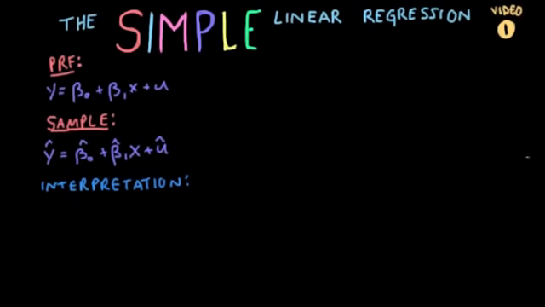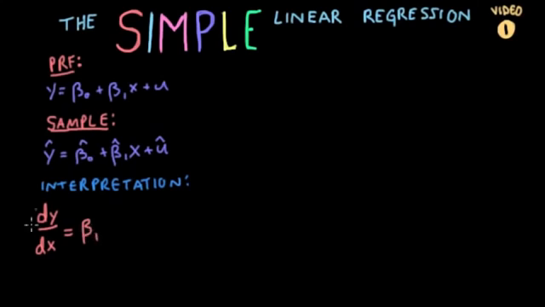For our beta 1, it's slightly harder to interpret, but it's nothing we can't handle easily. If we take the derivative of y with respect to x, we will obtain beta 1.